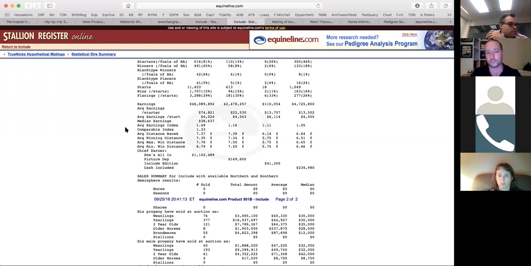So again, he improves his mares. The average earnings index compared to the comparable index, only a third of all stallions have a higher average earnings index, AEI, than a CI. So when you're trying to pick a stallion, if you can pick one that has a higher average earnings index than a comparable index, it means they move their mares up. It means they do better than they should for the opportunities that they've been given.